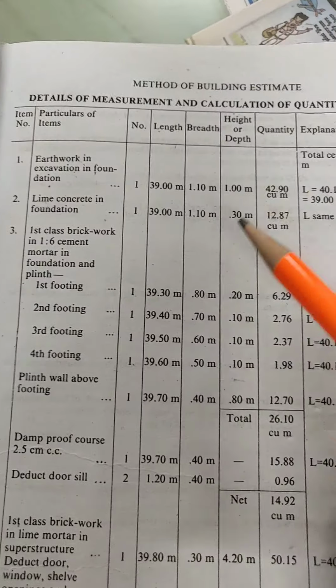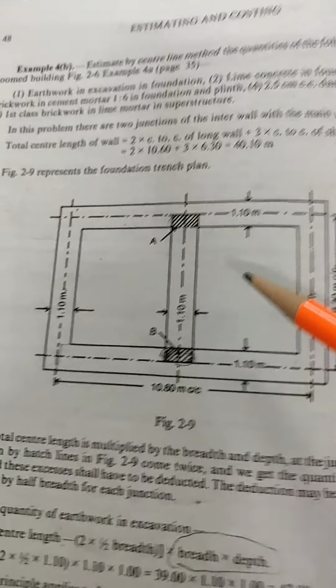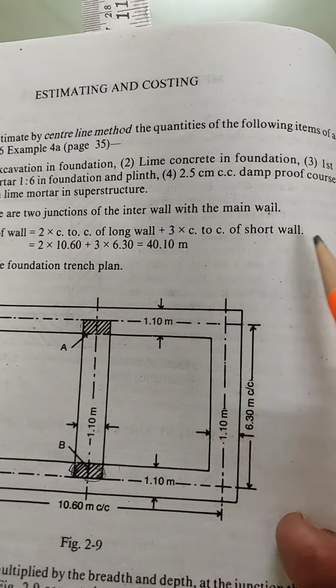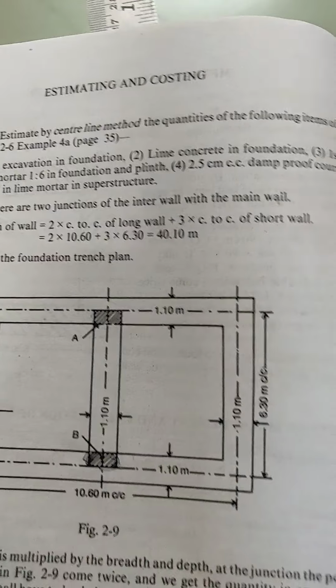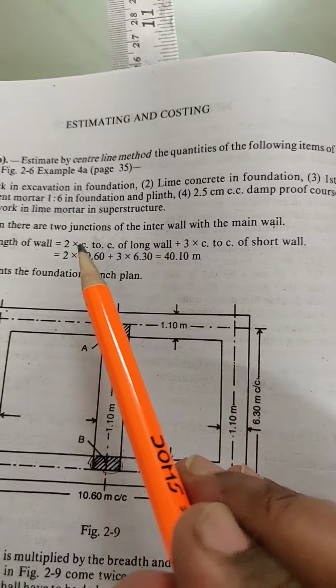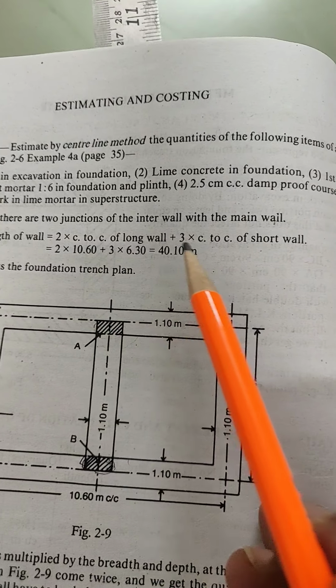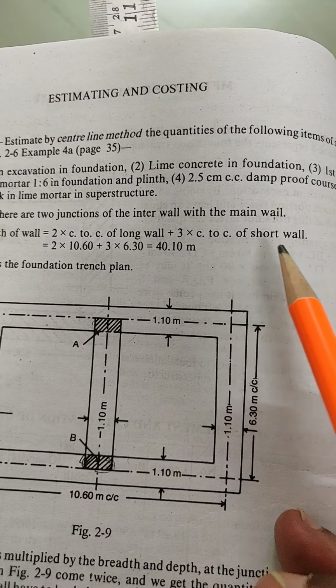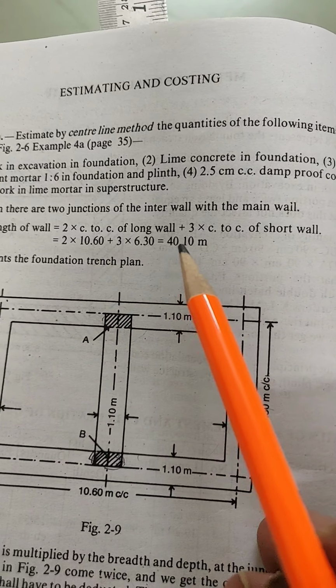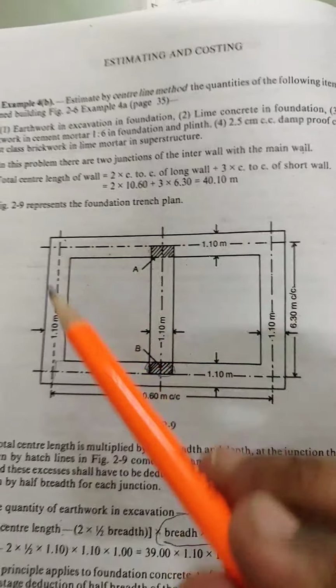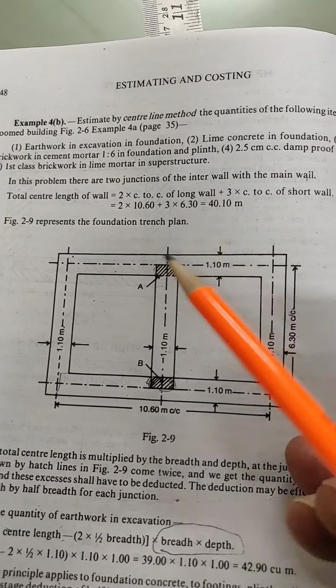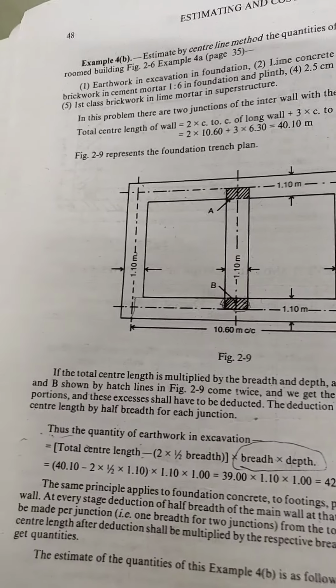So in the tabulation we have to calculate the total center length: 2 into the center length of the long wall plus 3 into the center to center of the short wall, it comes out to be 40.1 meter. So we have to keep this in mind, then tabulate later.